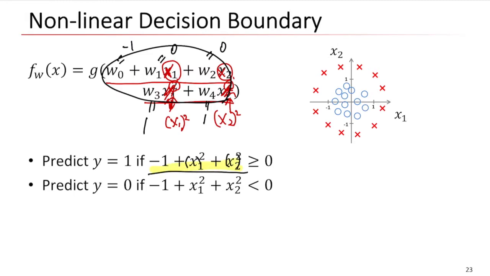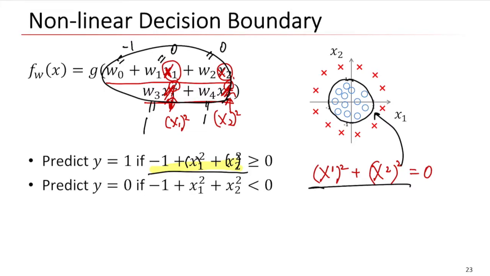So what does that mean? x1 squared plus x2 squared is equal to 1, like the circle shape here. If the value is outside of this circle, we can determine y is equal to 1, and if the feature is inside of this circle, we can say that this is class 0. So in this case, this circle will be the decision boundary.